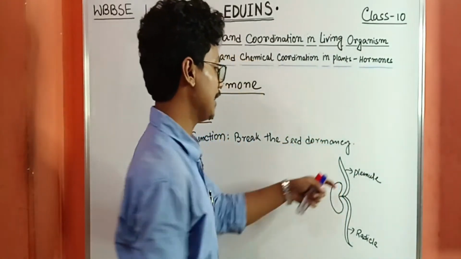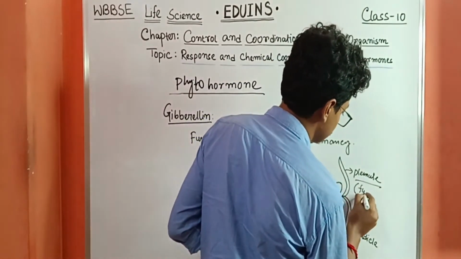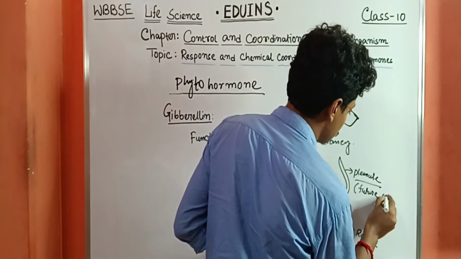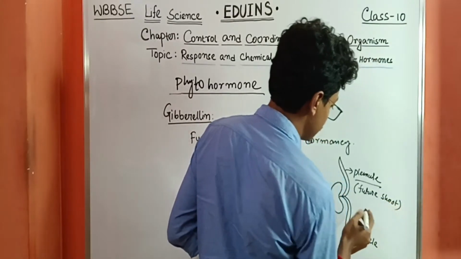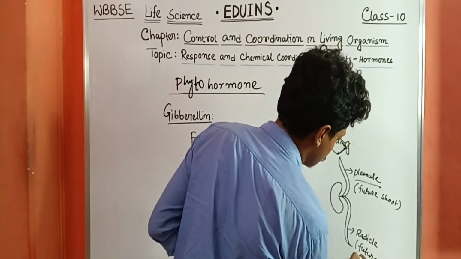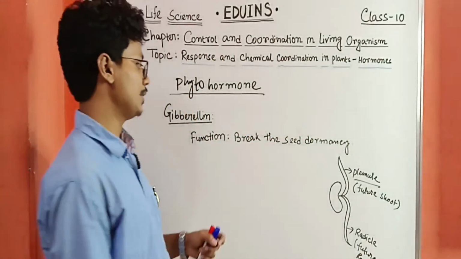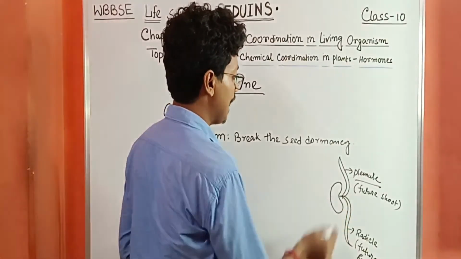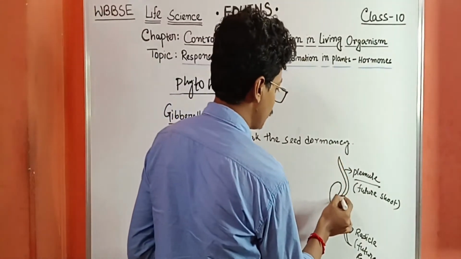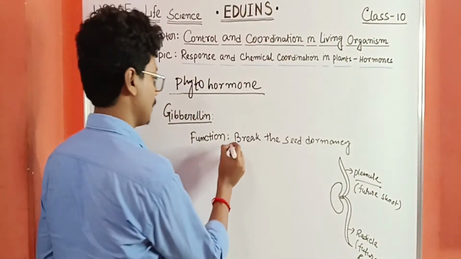Plumule is nothing but the future shoot and radicle is the future root. They will promote the breaking of seed dormancy as well as promote the growth of the radicle and plumule.